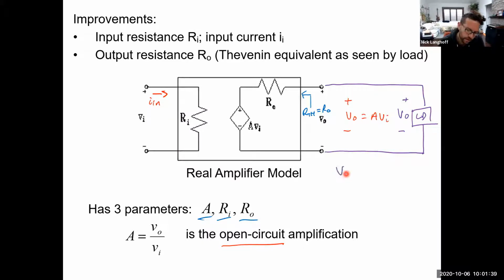The output V out is actually going to equal A VI times, just by voltage divider, RL, the load, over RO, the output resistance of the amplifier, plus the load, right? This is just the voltage divider action that we've seen over and over again by this point in the course. And it's a very important part of the analysis for these amplifier blocks.